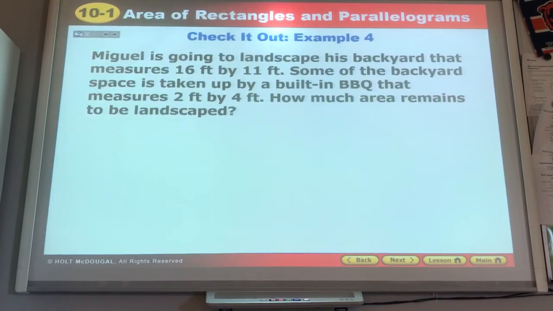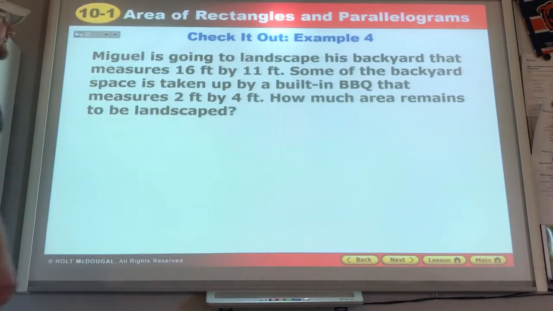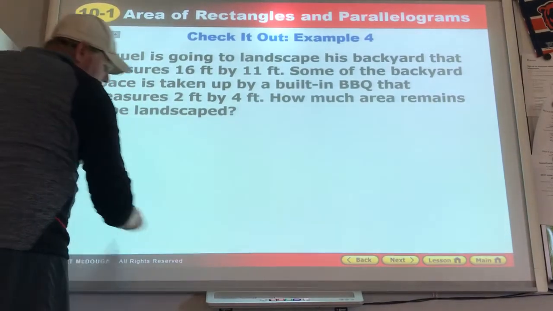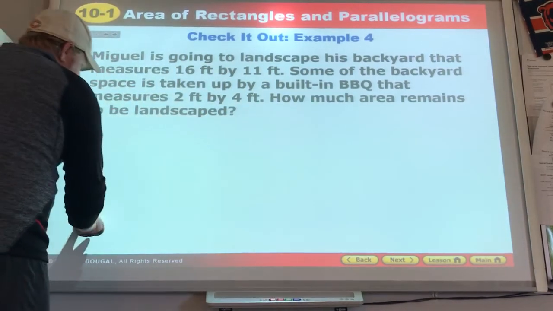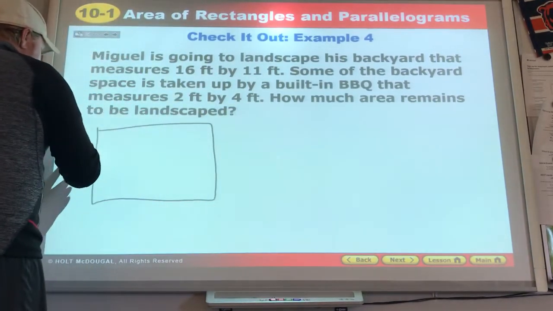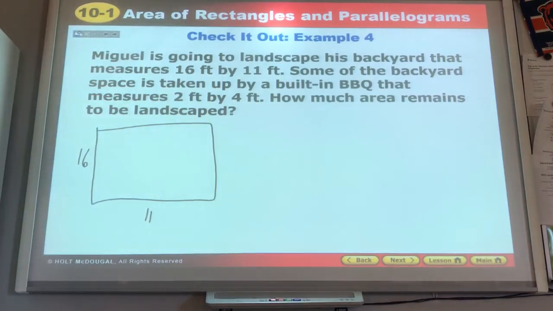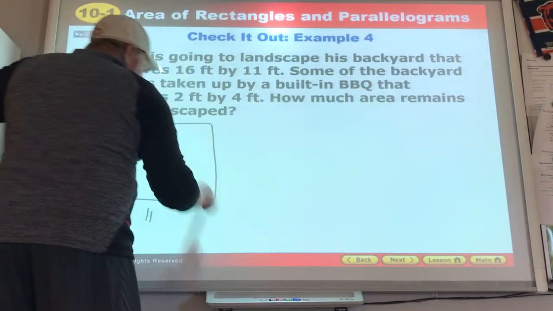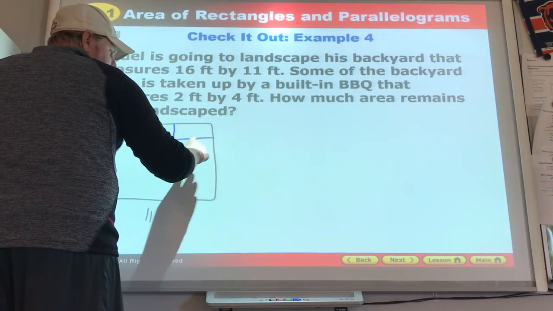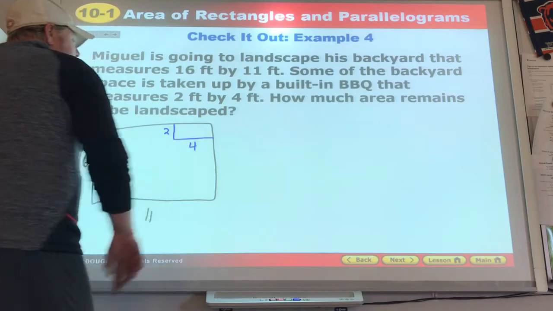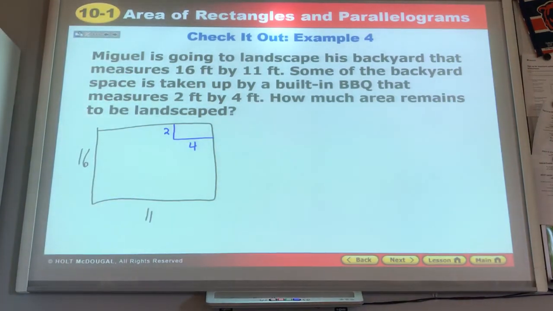Miguel is going to landscape his backyard that measures 16 feet by 11 feet. So, 16 feet by 11 feet. Some of the backyard space is taken up by a built-in barbecue that measures 2 feet by 4 feet. I like to put barbecue grills in the corner, so that's what I'm going to do. 4 feet by 2 feet. How do I figure out how much area needs to be landscaped?